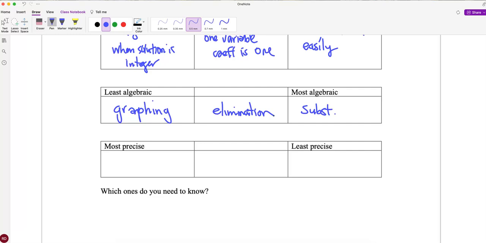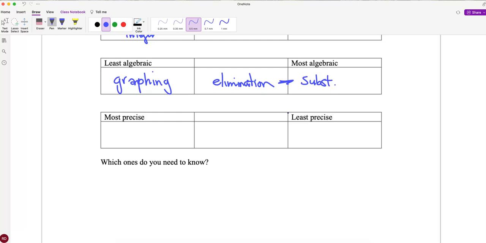So these could run neck and neck for a tie for that. The least precise method is graphing. Most precise, these enter a tie: elimination and substitution. These things sort of go hand in hand.